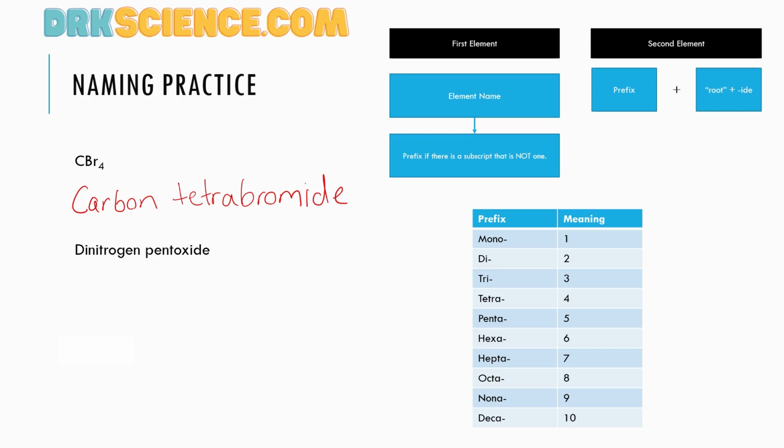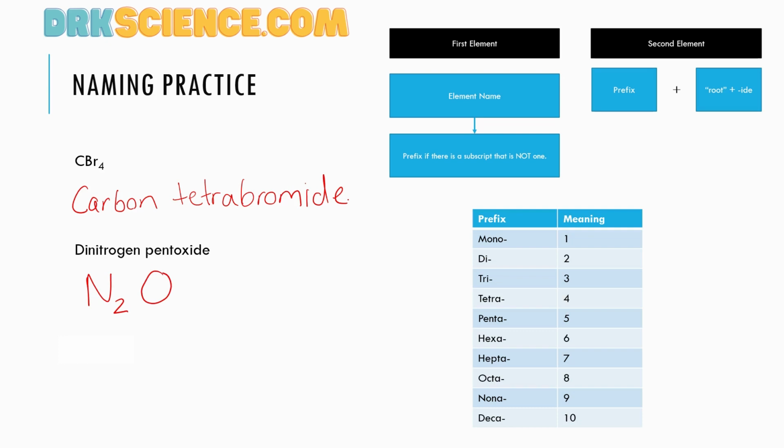Our next one that we can do, we're going to go the other way, dinitrogen pentoxide. So in this case, dinitrogen is telling us there are 2 nitrogens as our first element. So we can write N, subscript of 2. Pentoxide. Penta is 5 from our prefix table, and oxide tells us that it's oxygen.